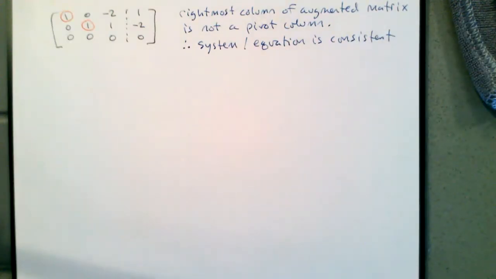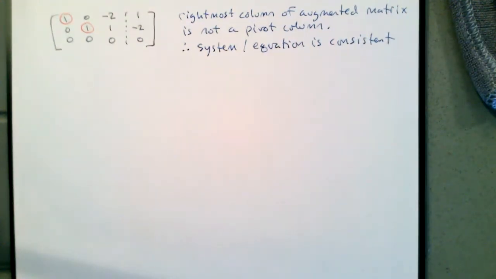So since the rightmost column of the augmented matrix is not a pivot column, the linear system or the vector equation is consistent. Therefore, B is a linear combination of the vectors v1, v2, and v3.